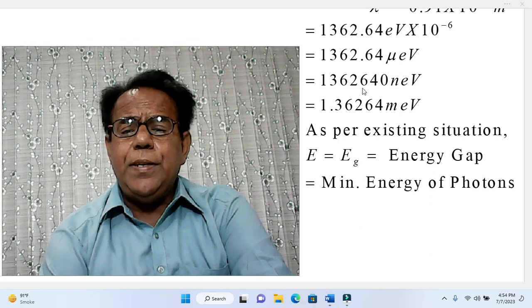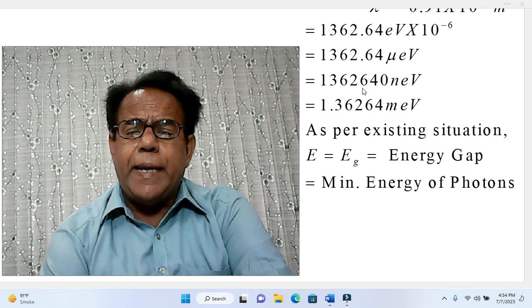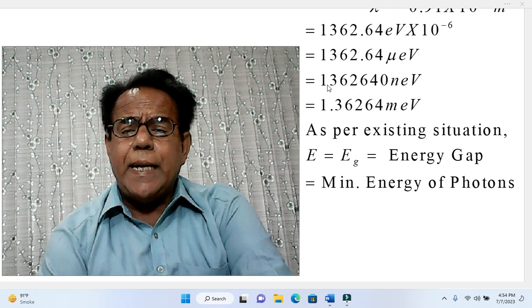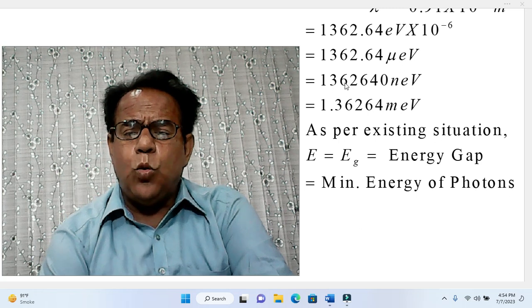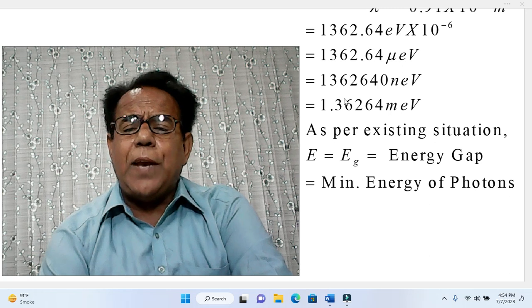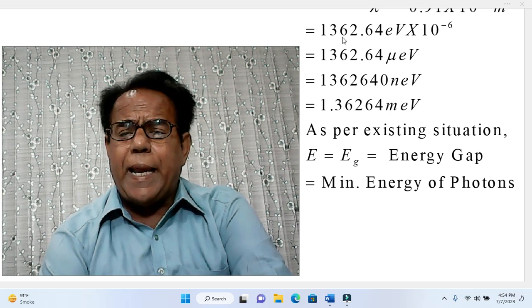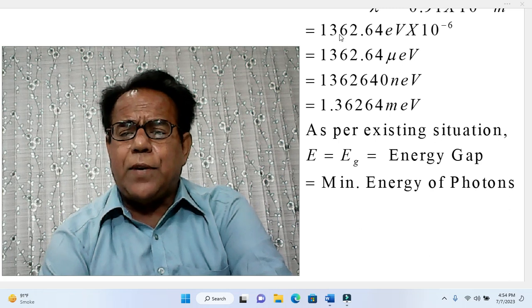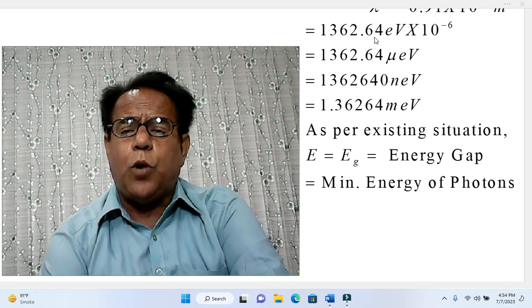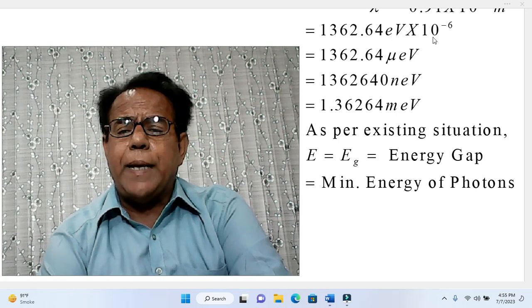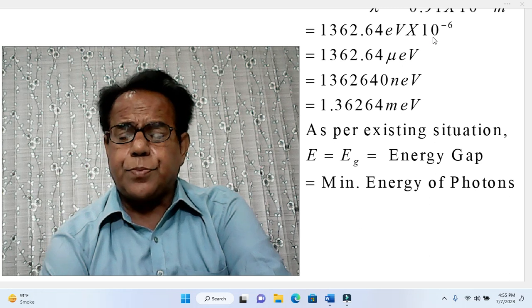And if we go again in terms of milli, then it will take the form as 1.3. We can also take this value directly from here. The last step can be derived directly from this step, that is 1362.64 electron volt into 10 to power minus 6.